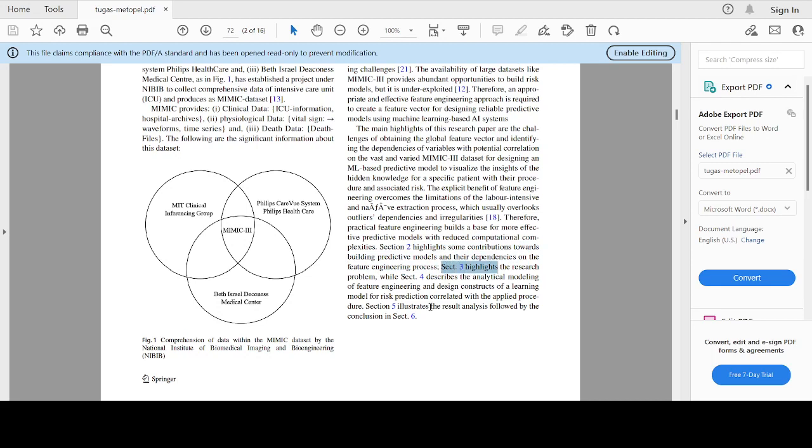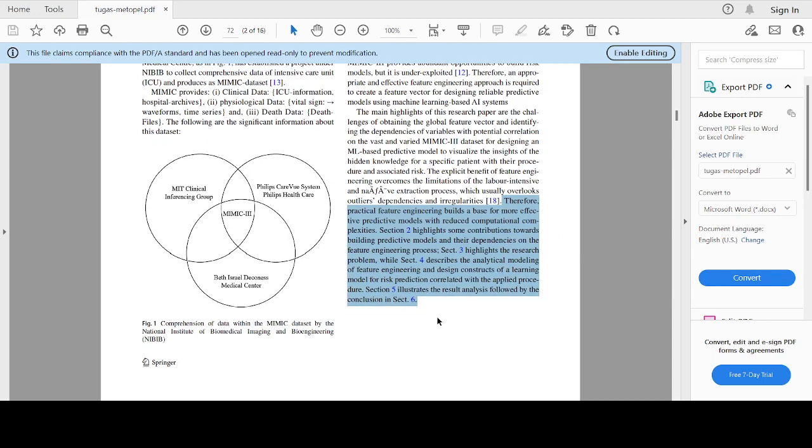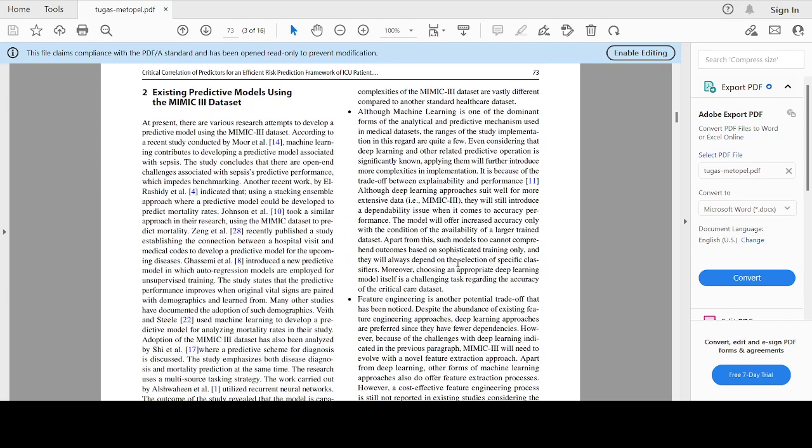Section 3, okay, so this is the description of the sections, the section summary of this paper in short, as we can read. So we're gonna continue.